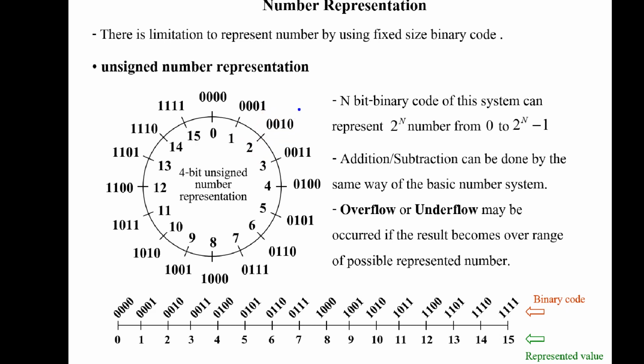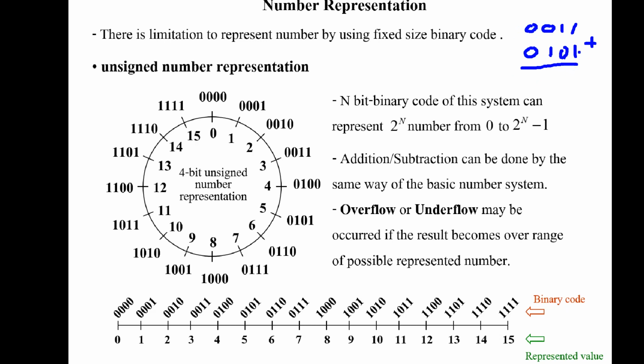Now, if I have some binary codes in this unsigned number system, 0011 and, for example, 101, let's do addition between these two numbers.